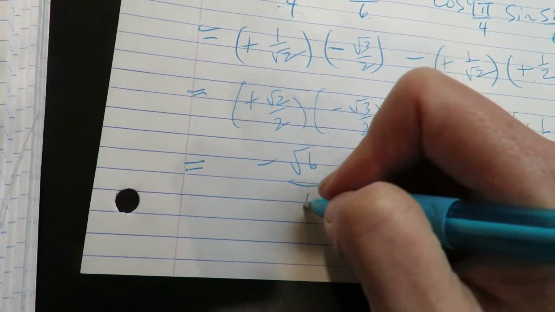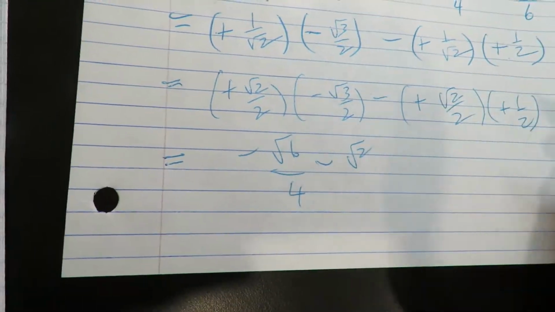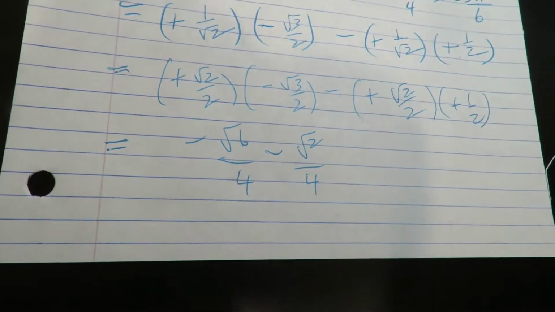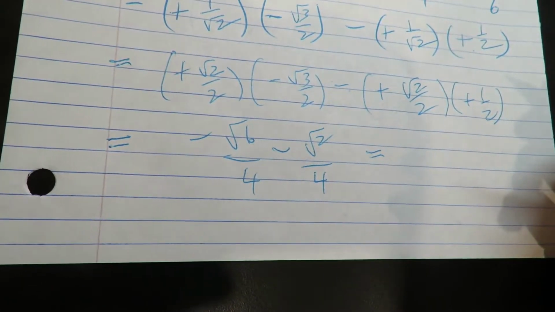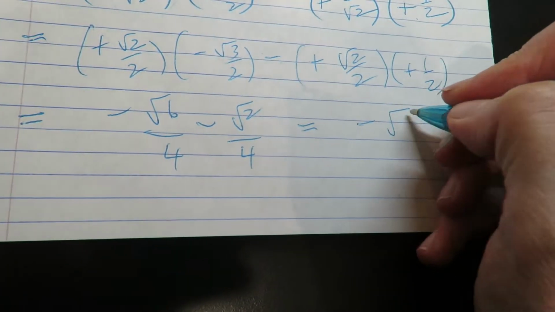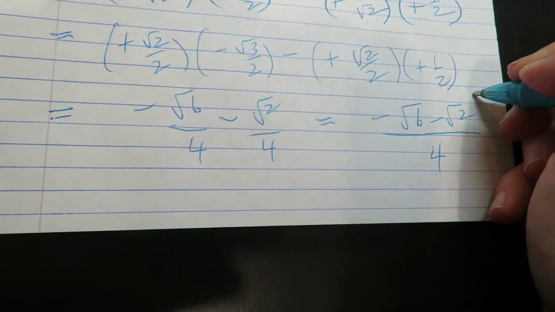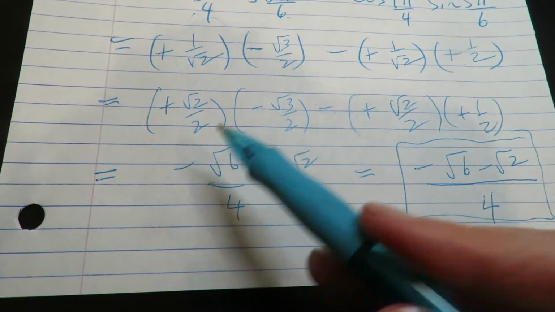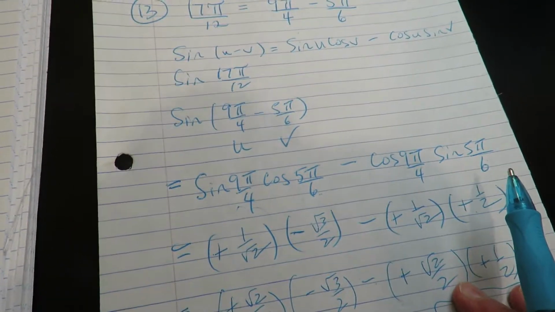Negative radical 6 over 4 minus radical 2 over 4 because of that negative. Okay, so you can factor out the negative radical 2 if you want. I don't want to. I'm just going to write it like this. I like this format the best, but if you want to pull out the common factor of radical 2, go right ahead. Alright, so that is the sine.